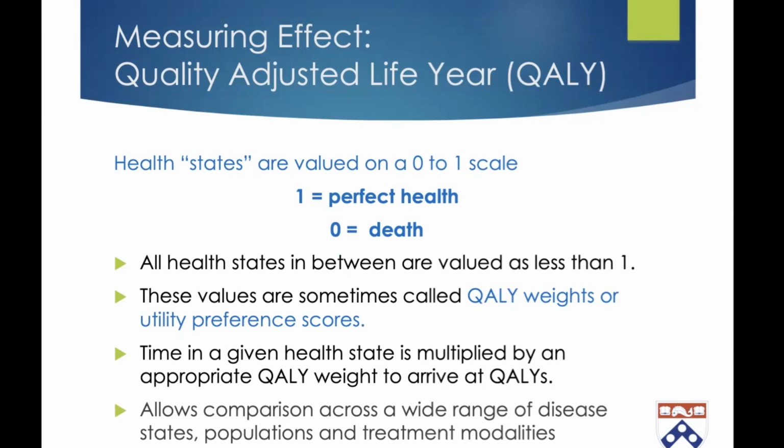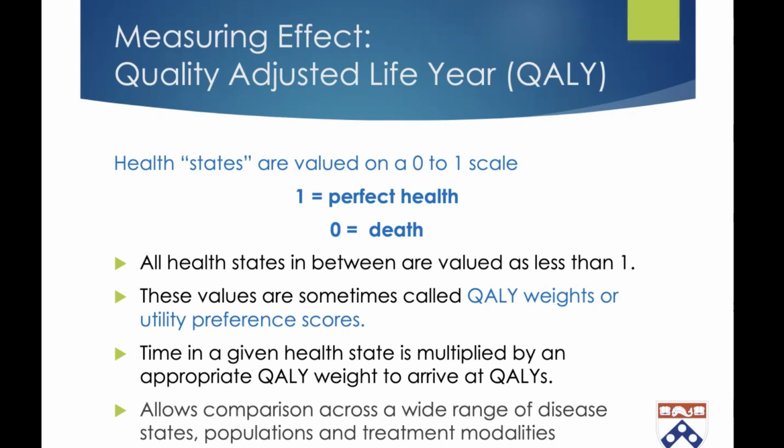This allows comparison across a wide range of disease states, populations, and treatment modalities. So you can say our results are $50,000 per quality adjusted life year gained, and you can compare that to the cardiac study that was $100,000 per quality adjusted life year gained. So you can say our results have higher value.